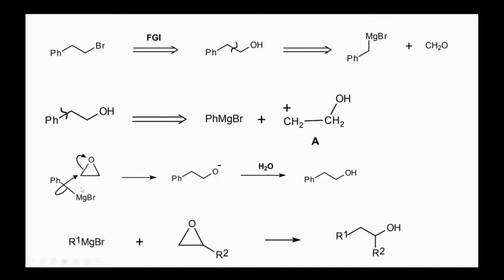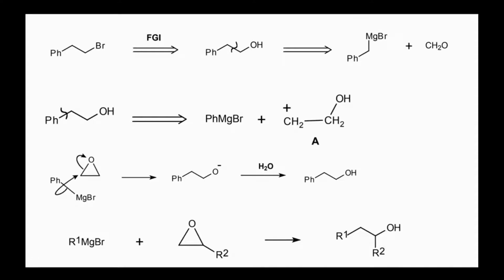Now this phenyl magnesium bromide will attack this epoxide ring, and the ring opening will take place and you will get a negative charge, and if you react this negative charge with water, then you will get the alcohol. So this is another way to do disconnection of alcohols.